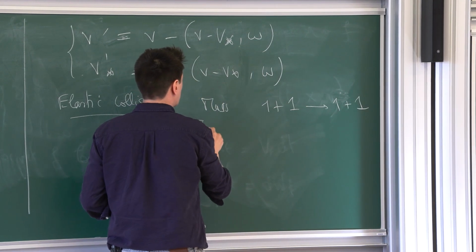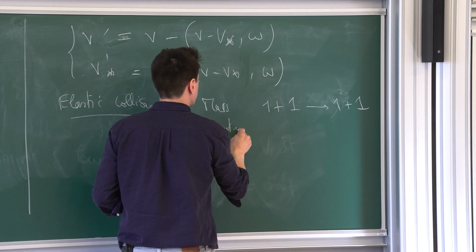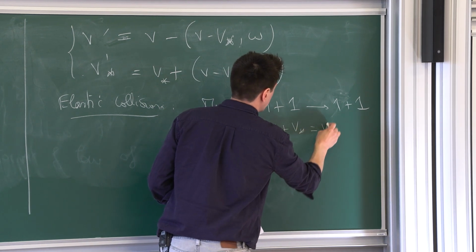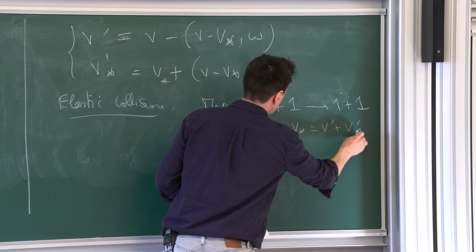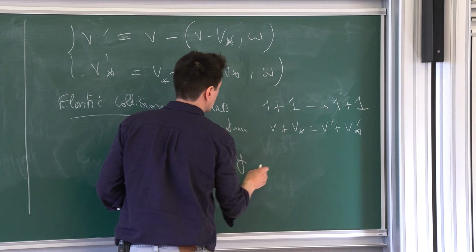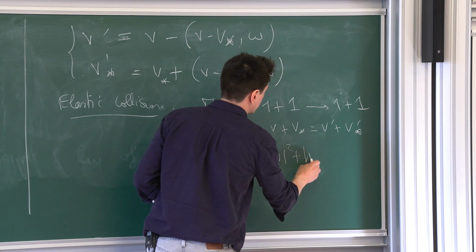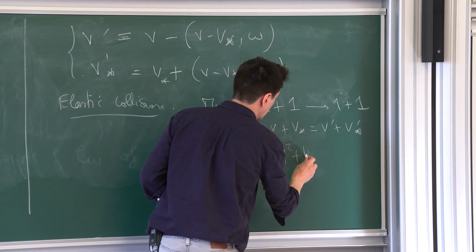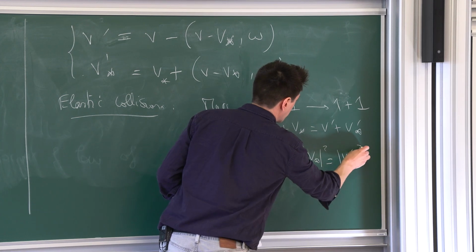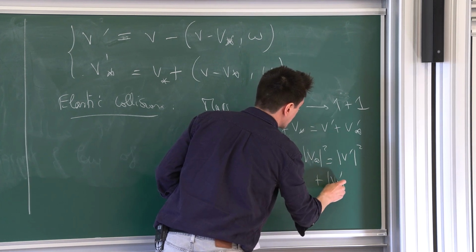You have the conservation of momentum, which is v plus v star is equal to v prime plus v prime star. And you have the conservation of energy, v square plus v star square equals v prime square plus v prime star squared.